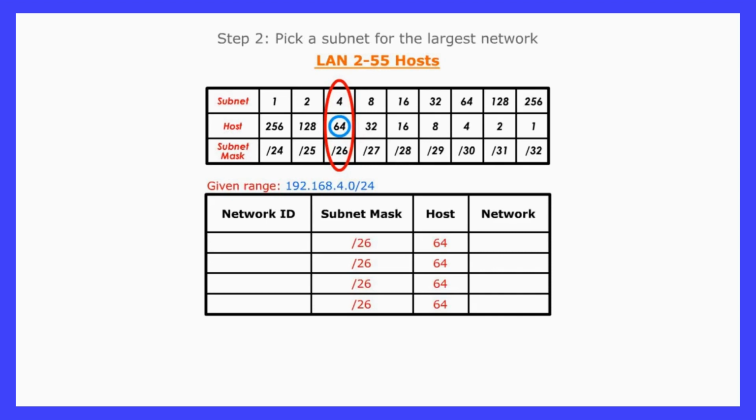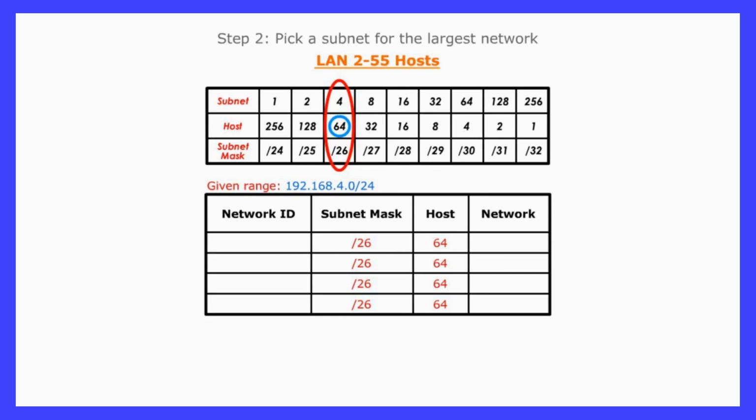Keep in mind, the first host ID is reserved for the network ID and the last host ID is reserved for the broadcast ID. The total number of usable host IDs for each subnet is 62. Now let's list a network ID for each subnet.